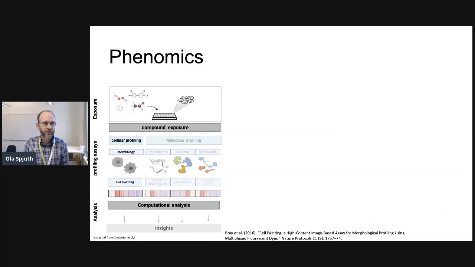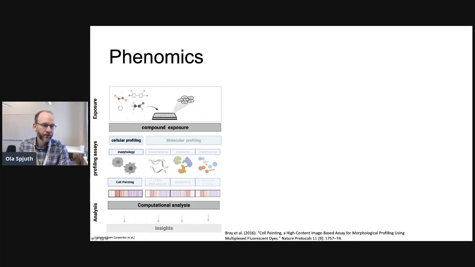When we use cell painting as a profiling technology next to molecular profiling technologies, we sometimes refer to it as phenomics. And here I see this as a technology that you can have in parallel to traditional transcriptomics, proteomics, and metabolomics.